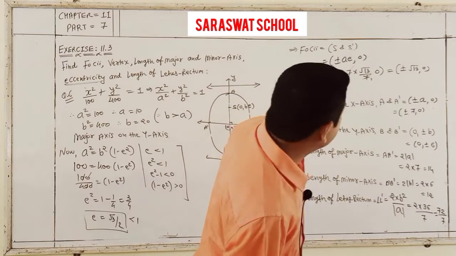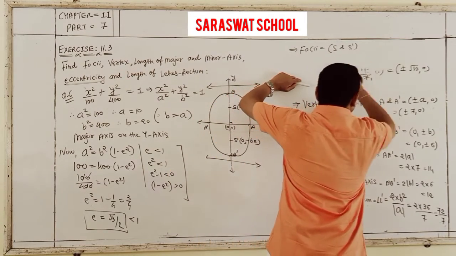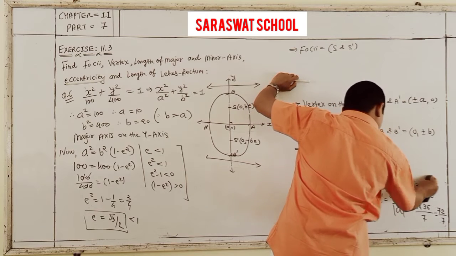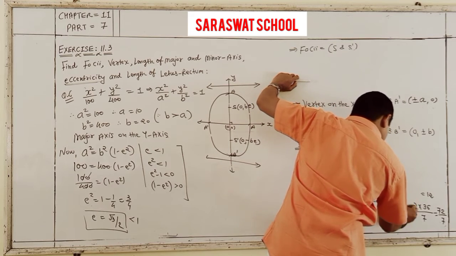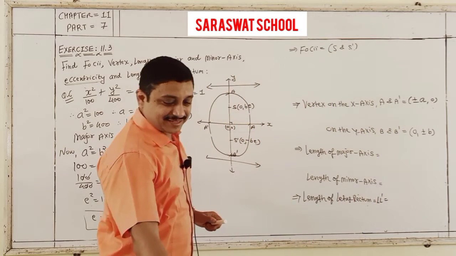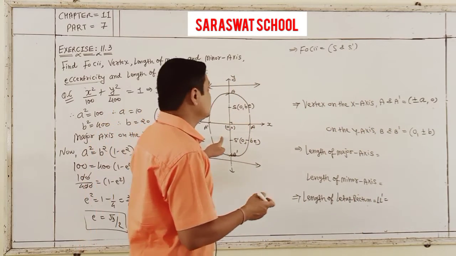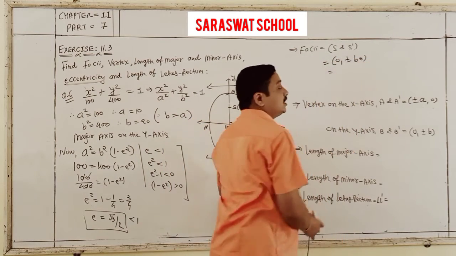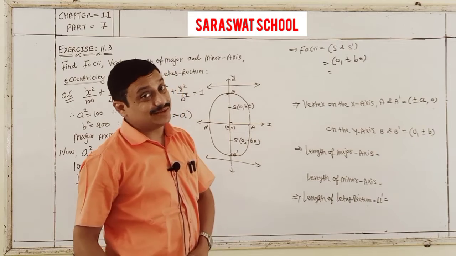Now I am moving ahead to my points: focus, points on axis, major axis, minor axis, and length of LR. Same case. So my focus is 0 comma plus or minus be on the y-axis, as it is the major axis.